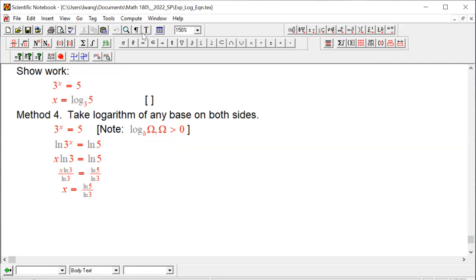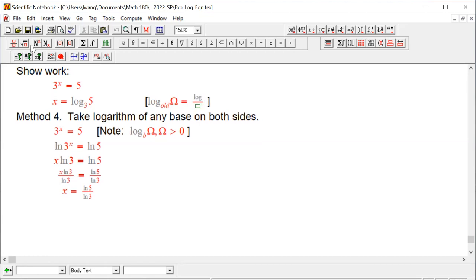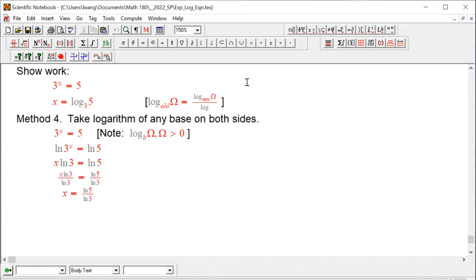What is the change of base formula? Log base old of omega equals log base new of omega divided by log base new of the old base.